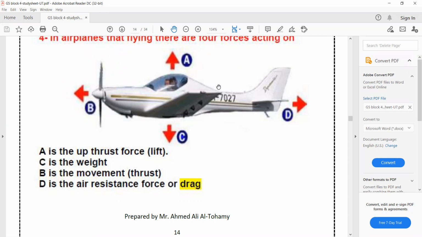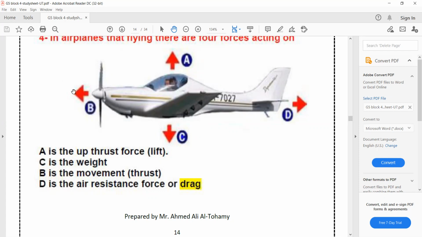Let's discuss the two other forces, B and D. B is the force that makes the plane move forward, and D is the air resistance, or the drag force. These two forces, in this case, if the plane doesn't speed up, will be balanced.